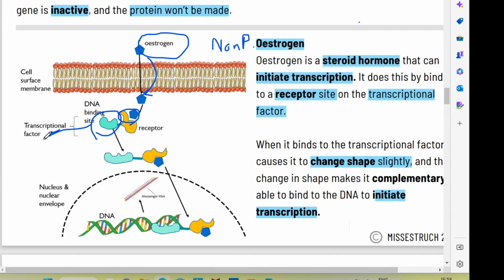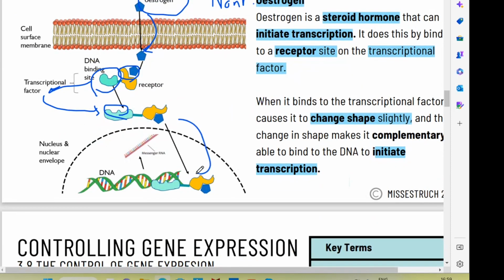Okay, that's the transcriptional factor. So that binds to here, and that changes shape, because you can see there's actually two. And that with the receptor is still attached to it. And then it will move into the DNA to initiate transcription.